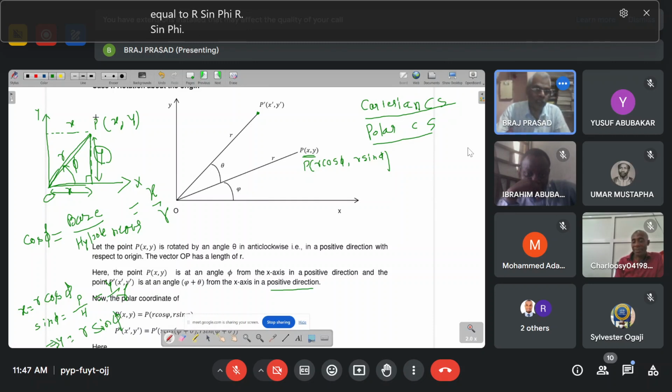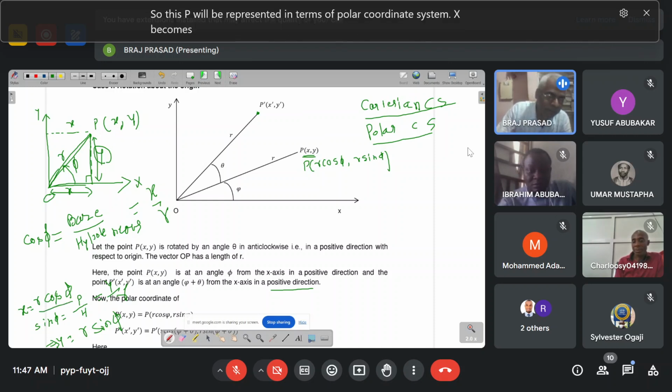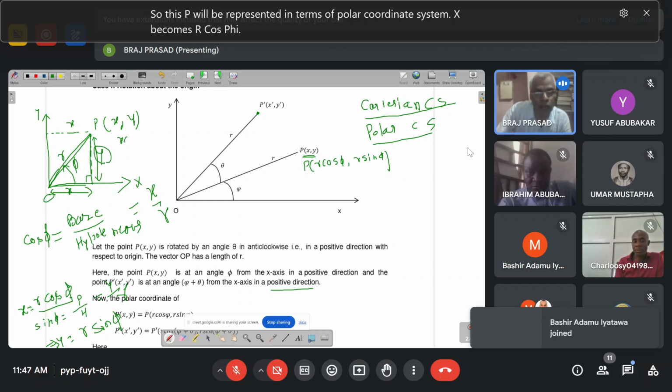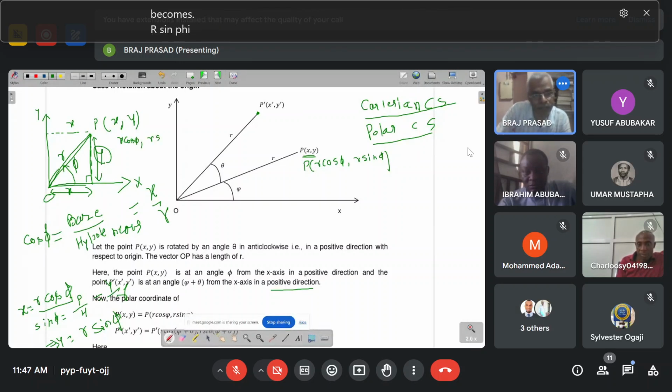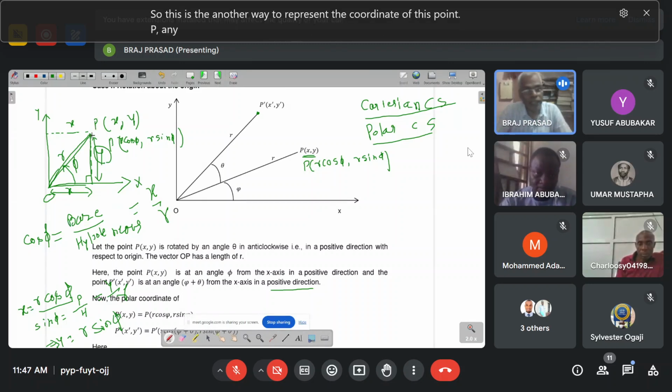So this point P will be represented in terms of the polar coordinate system: x becomes r cos phi and y becomes r sin phi. This is another way to represent the coordinate of this point P. Any point can be represented either in the Cartesian coordinate system or in the polar coordinate system.